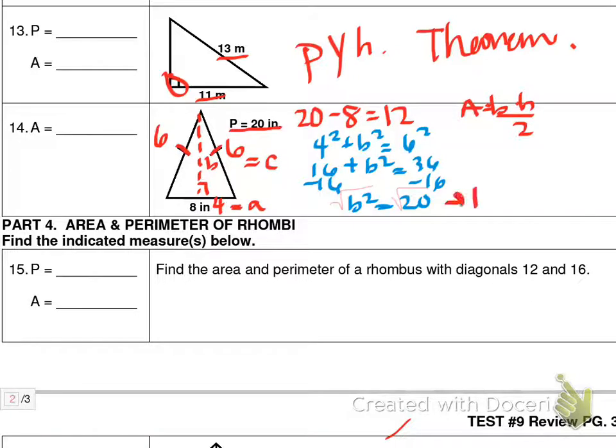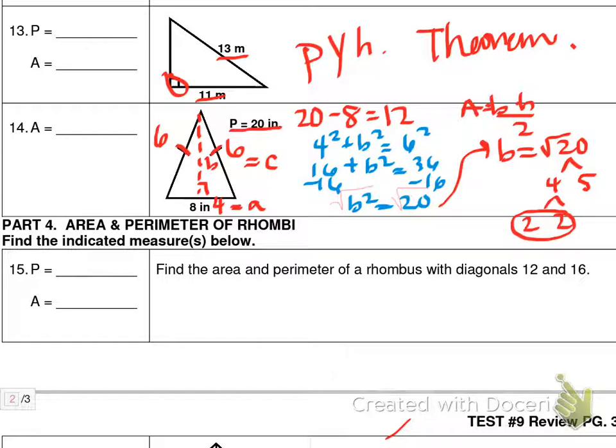That leaves me with B equals the square root of 20. And now you can reduce that. So we're going to make our tree 4 times 5, 2 times 2. We have a group of 2 here. Remember, our groups go on the outside of the radical, and ones that don't have a group go on the inside. So B equals 2 square roots of 5.